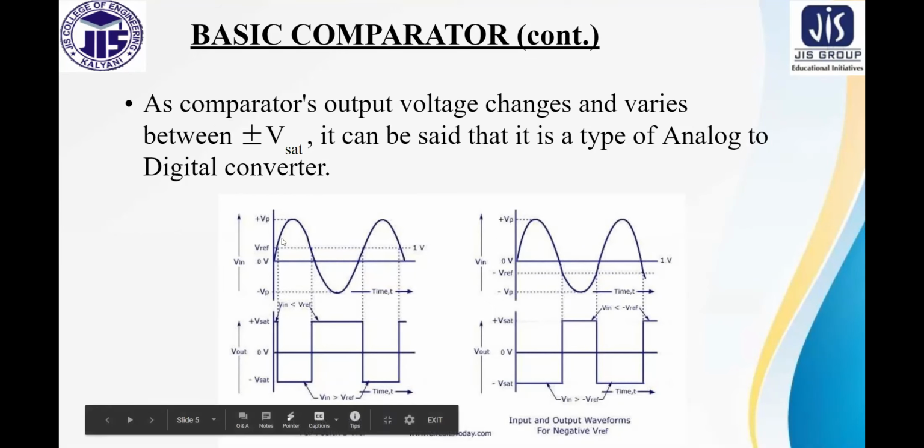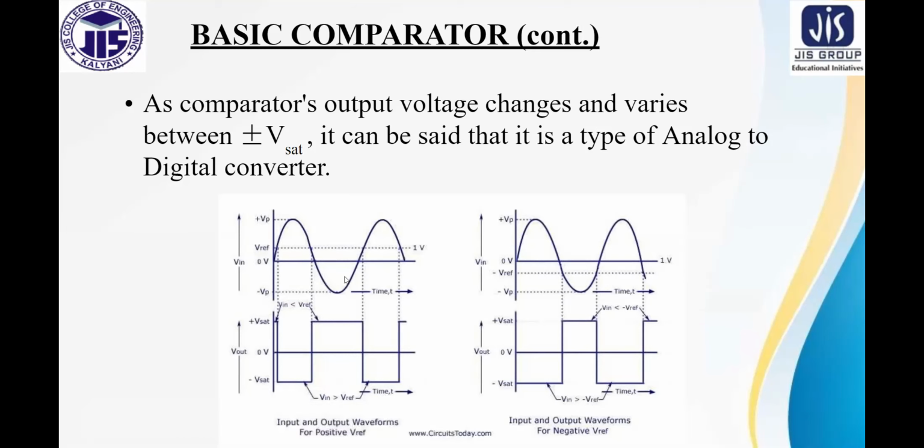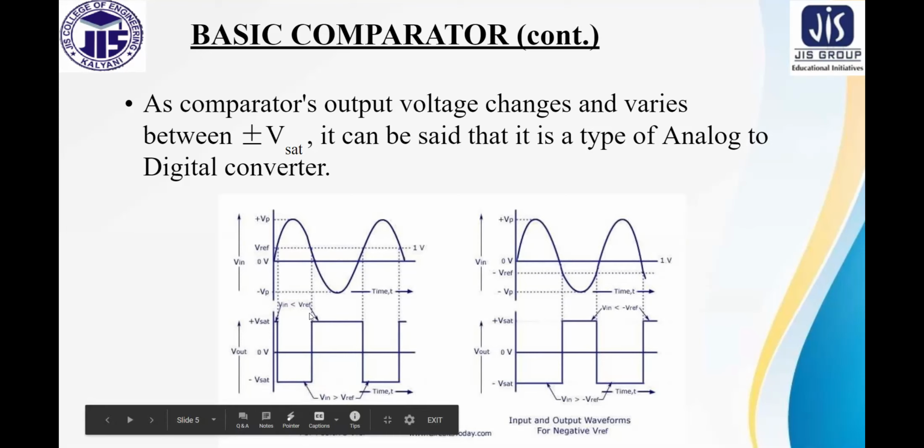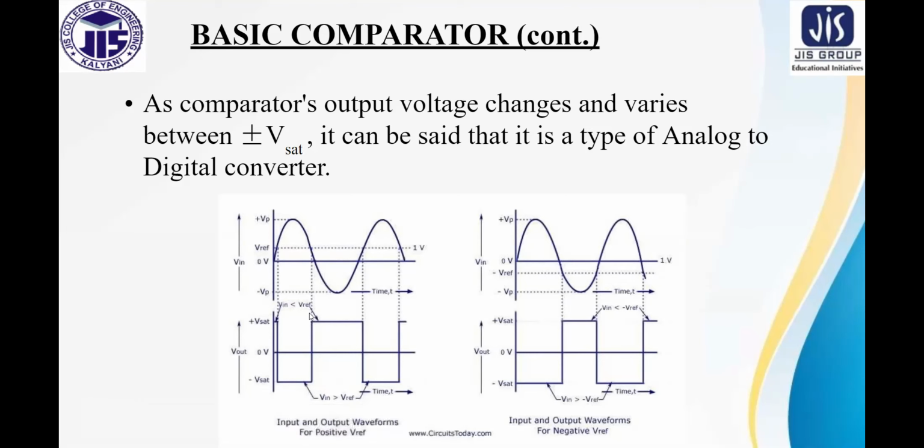When the input signal is greater than the reference voltage, there is a change. Again, when the input signal is less than the reference voltage, again there is a change in the signal. So a comparator basically generates a pulse, a square wave.